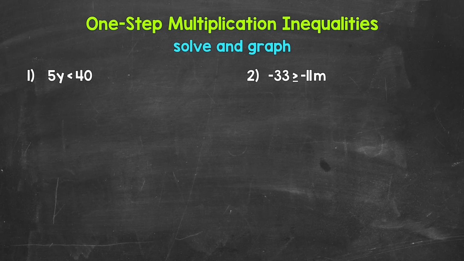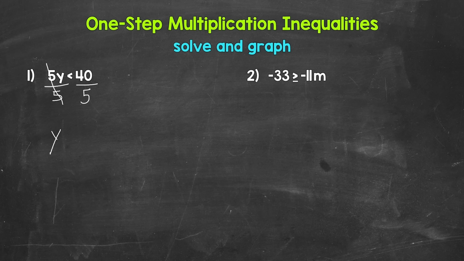We need the inverse operation of multiplication. That's division. So let's divide the left side of the inequality by 5. That means we need to divide the right side as well. Whatever we do to one side of an inequality, we must do to the other in order to keep it balanced. Now on the left side, these 5s cancel each other out.